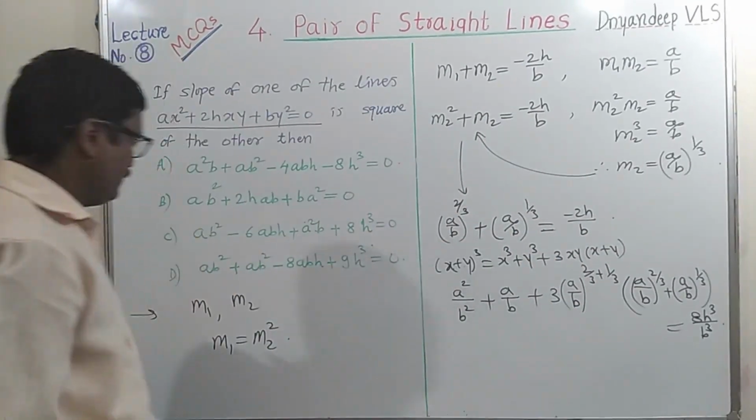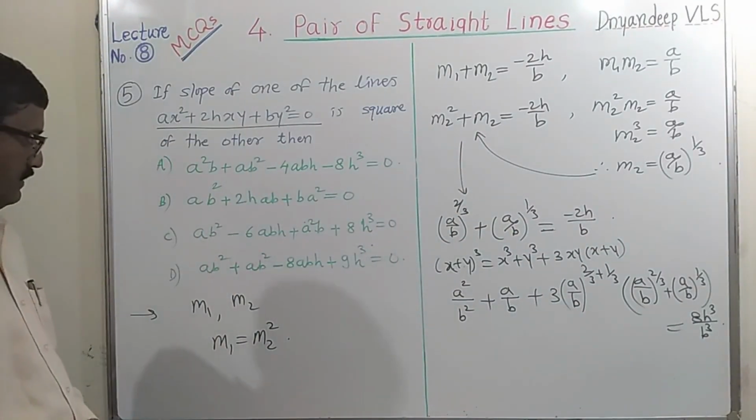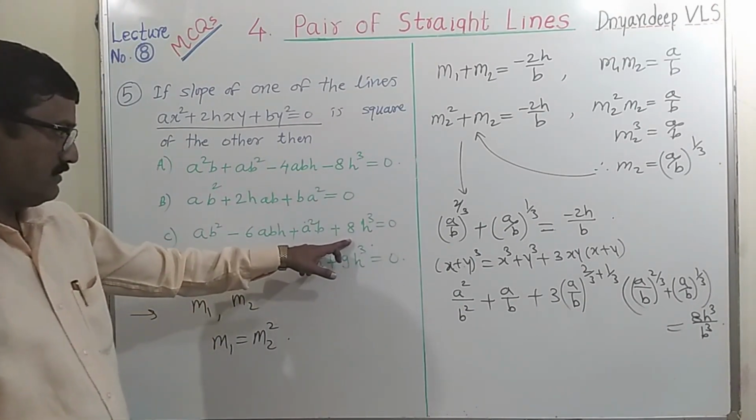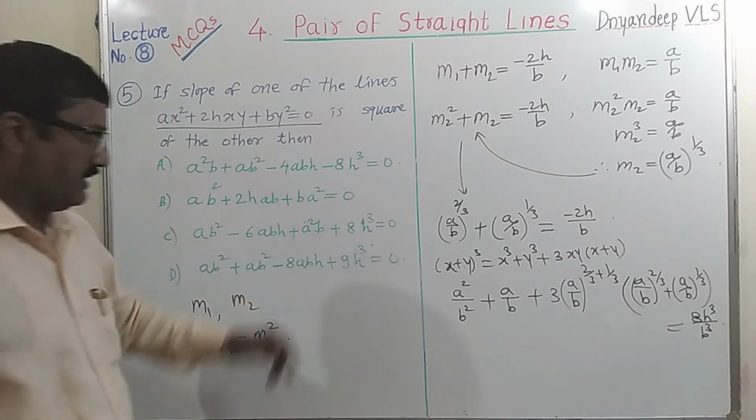So obviously 8h^3 is there, 8h^3 is here. Check whether it is plus or minus.